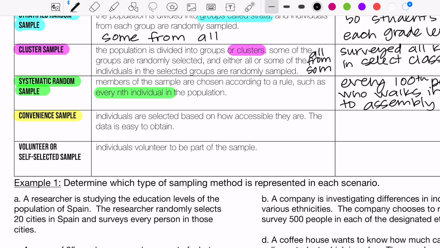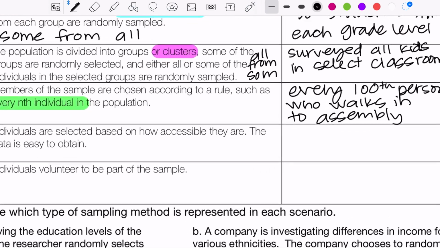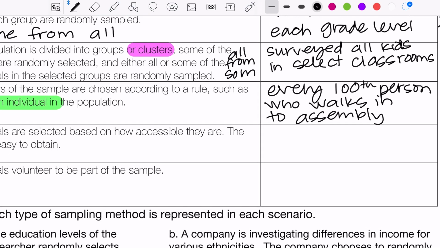So for example, if I want to know how the student body feels about the lunch that we serve at our school, and I just go stand by people who are waiting in the lunch line, and I ask them when they walk through the lunch line, that's convenient, but it's probably not going to give me accurate information because it's not including all the people who bring their lunch from home because they don't want to eat the school lunch because they think it's gross.